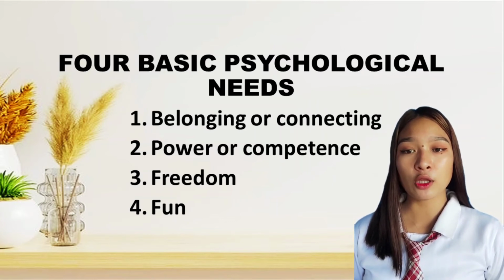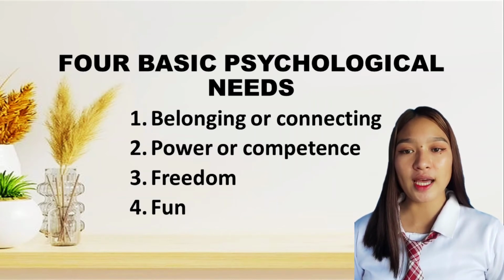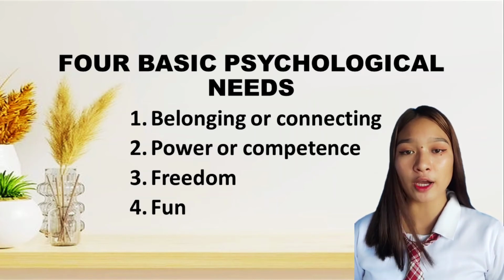Without the need for belonging and cooperating, we would only strive to be independent. Second, power or competence. The need for power is more than just a drive to dominate. Power is gained through competence, achievement, and mastery. Our genetic instruction is to achieve, master new skills, and to be recognized for our accomplishments.